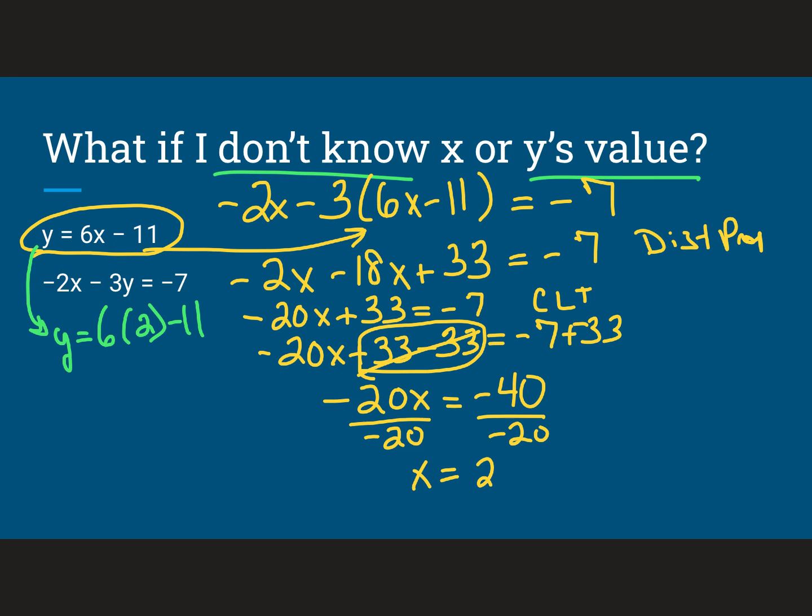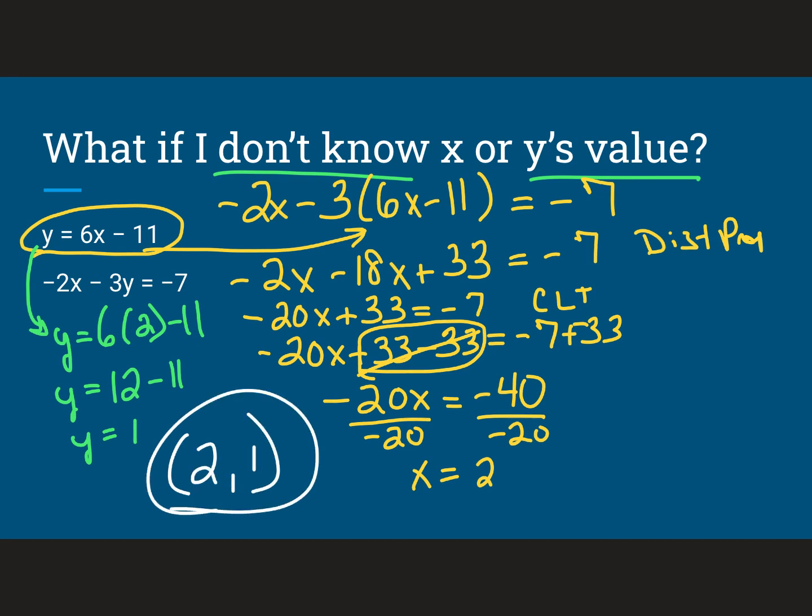Well, 6 times 2 is 12, so y equals 12 minus 11, so y equals 1. Okay, now I have an x value, I have a y value. So now I just have to write my answer. So my answer here is x is 2 and y is 1, and that's my answer.